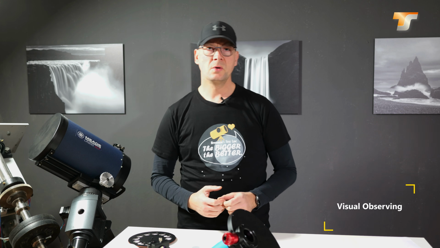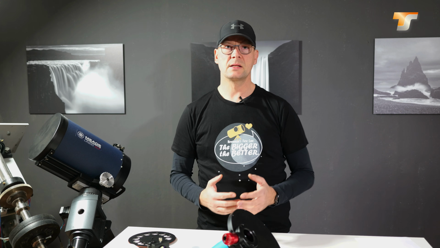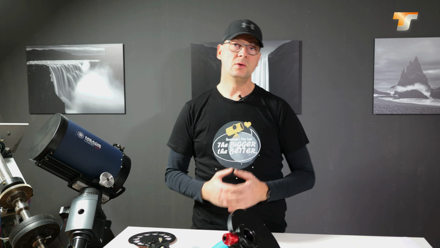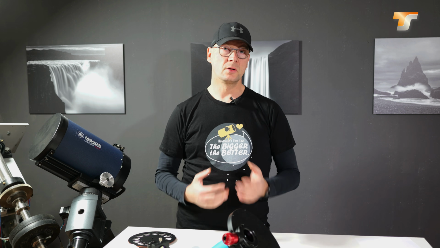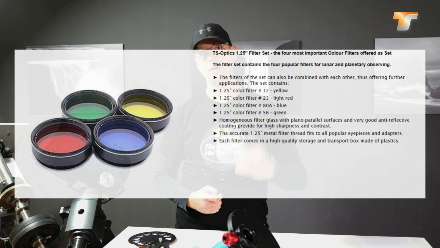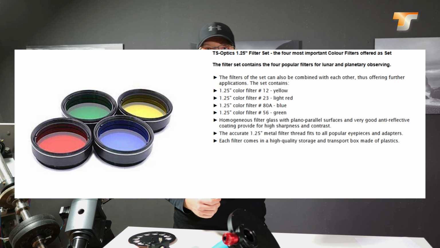When you want to observe some object in the sky visually, you can use filters to enhance the contrast. For example, when you do planetary observing, you can put in a color filter with a specific color to enhance cloud structures or specific things on planet surfaces.